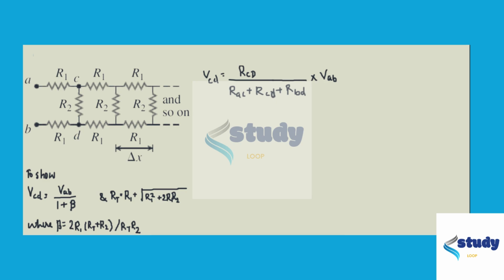Now, what is RCD? The resistance across CD is actually R2 parallel RT. The resistance across AC is R1, and BD is R1, so I can write twice R1 plus the resistance across CD, which is again R2 parallel RT, into VAB.